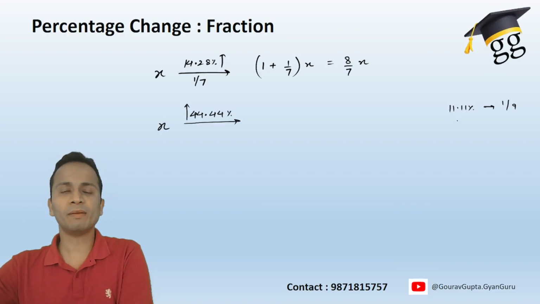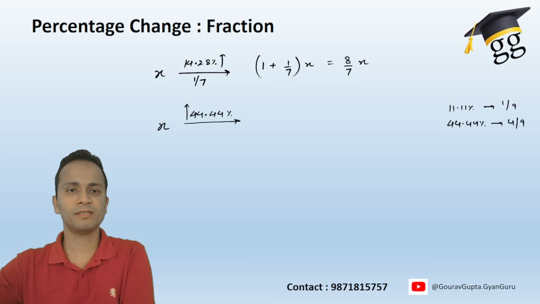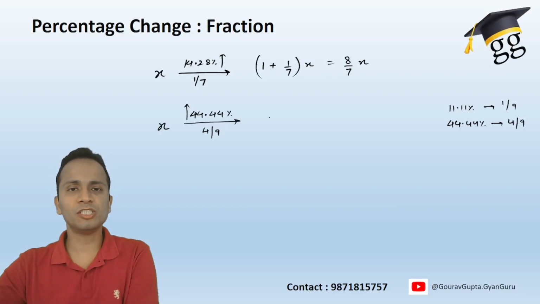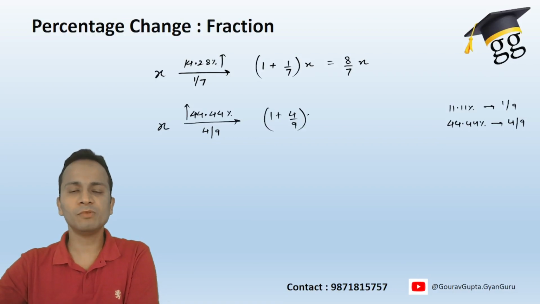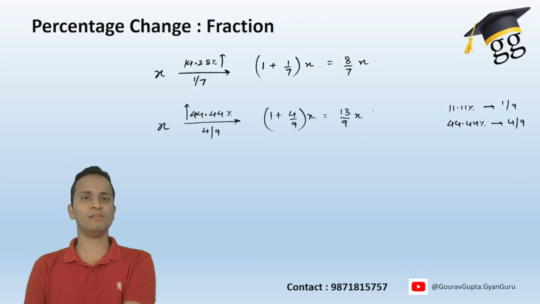Now, अगर मैं इनको multiply by 4 करता हूँ तो 44.44 percentage will be 4 upon 9. Right? So there is an increase by a fraction of 4 by 9. Final value क्या बन जाएगी? 1 plus 4 by 9 times the initial value. Okay, so that is 9 and 4, 13. 13 upon 9 times x. This will be the final value.